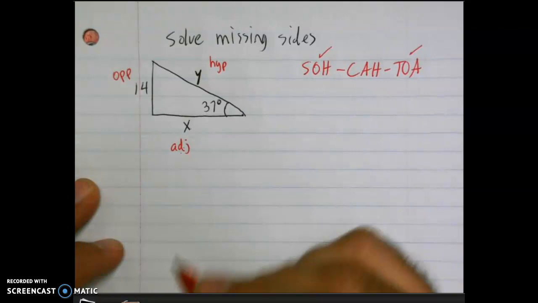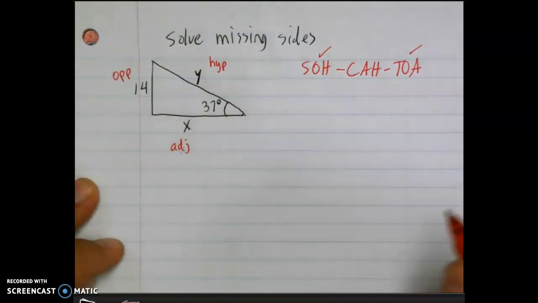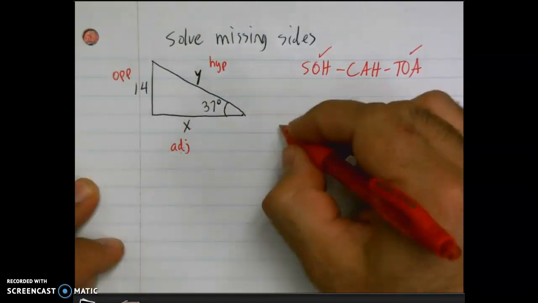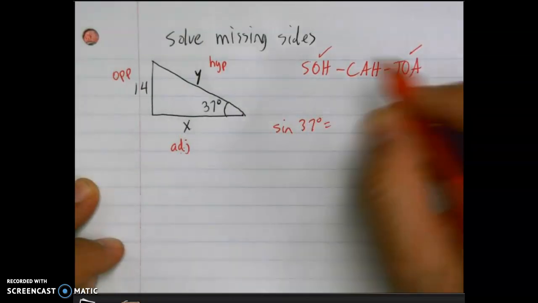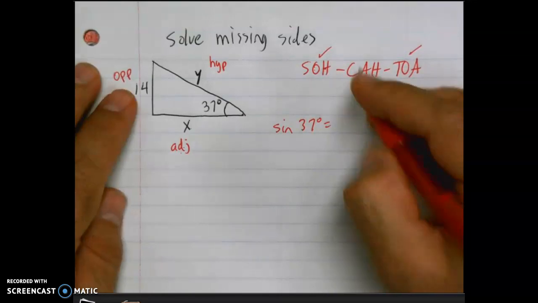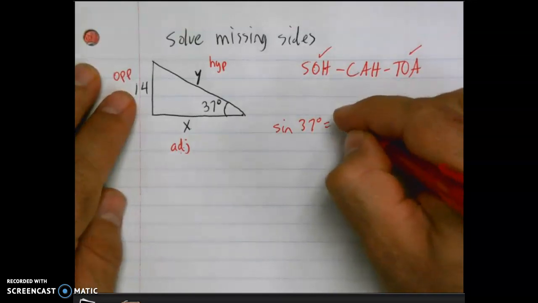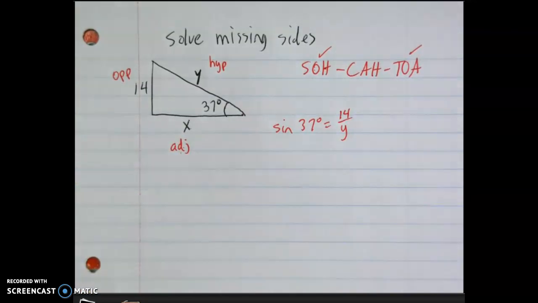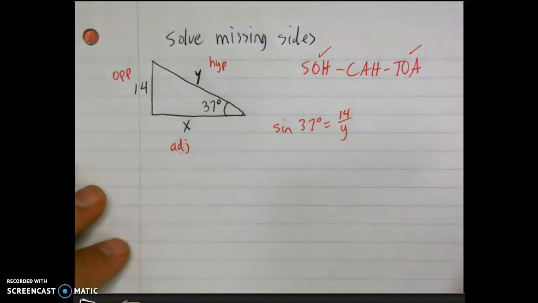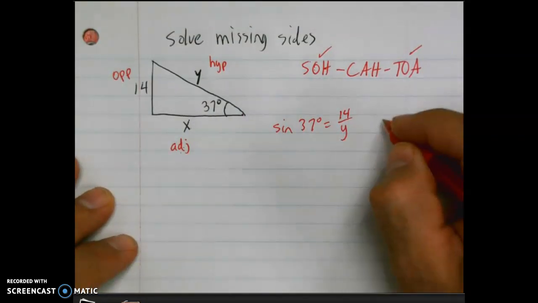So the first thing I do is I write my equations. So my sine equation would be sine of 37 degrees is equal to opposite 14 divided by hypotenuse, which is y. Okay? So if I was solving for this one, I have sine of 37 equals 14 over y. When you see this one, y is the denominator, it is underneath.